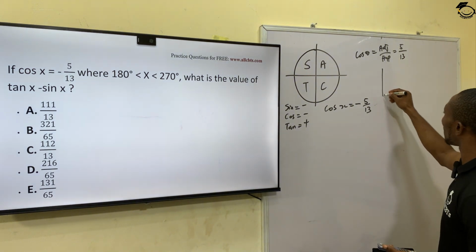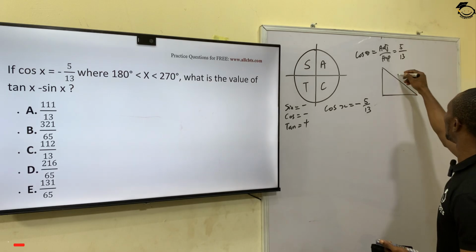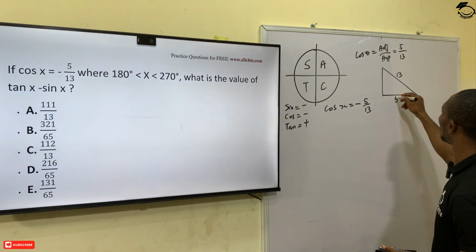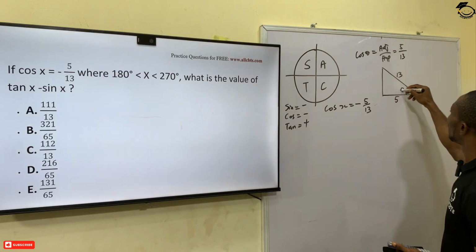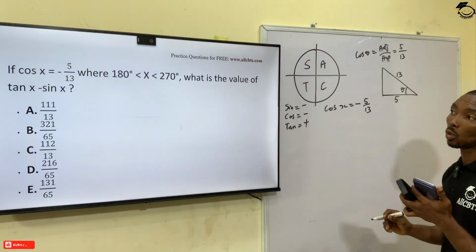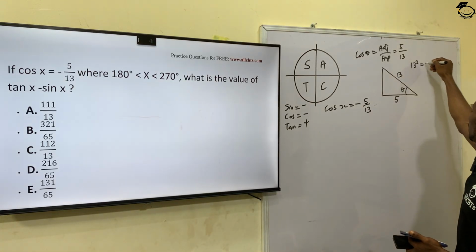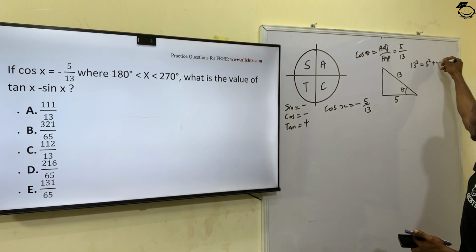Using Pythagoras theorem, we have hypotenuse as 13 and adjacent as 5. To find the opposite, 13 squared equals 5 squared plus x squared.